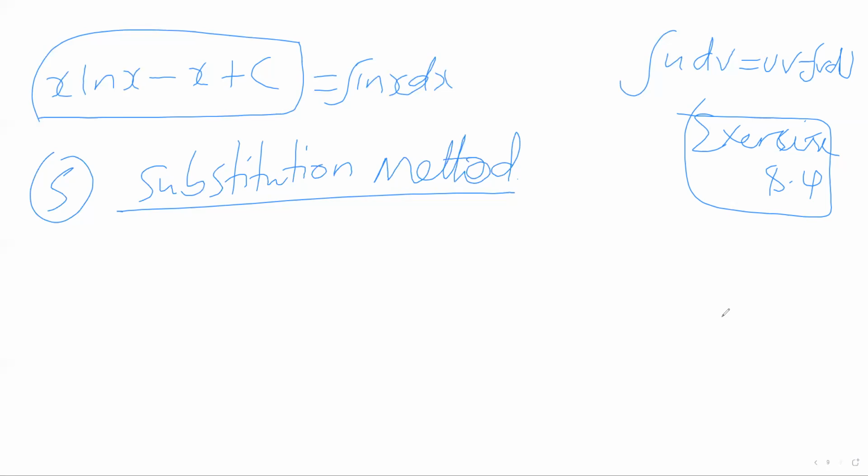So you think of a way to transform it into another form, maybe in terms of u or whichever variable you use, which is easier to integrate. And then after you get the answer, you either take it back to being in terms of x, or you leave it in that form. You mostly leave it in that form if you have been given limits of integration, where you also have to find new limits of integration.